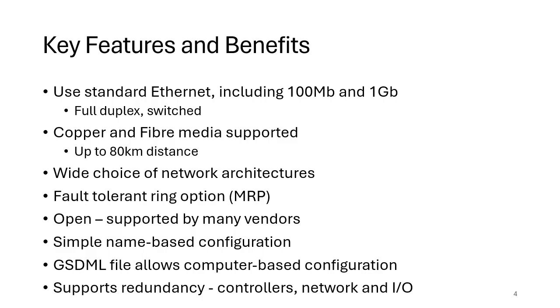Also, the Ethernet standard itself supports multiple protocols. So it gives you a lot of different choices of architecture, including running non-PROFINET traffic on the same network. So for example, you might combine that with CCTV, voice over IP, different network protocols like Modbus TCP. They could all coexist on that same network.